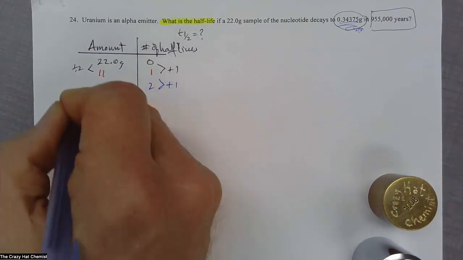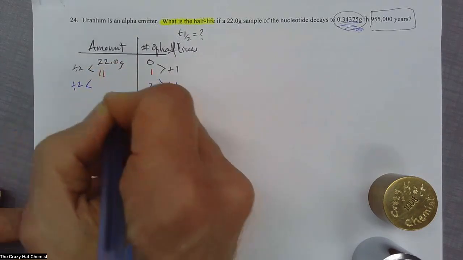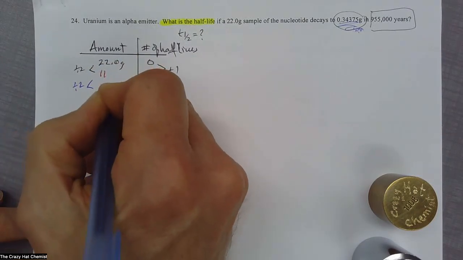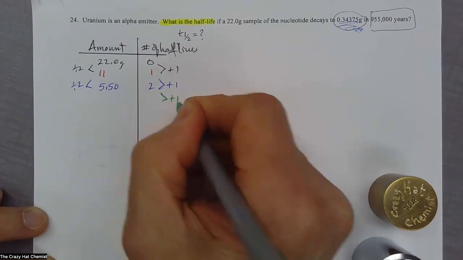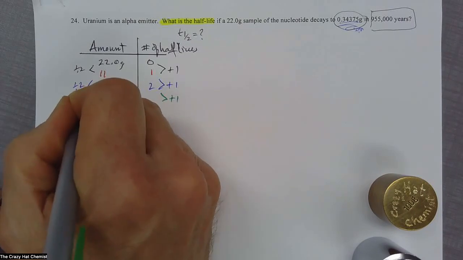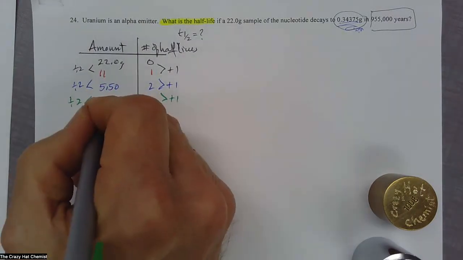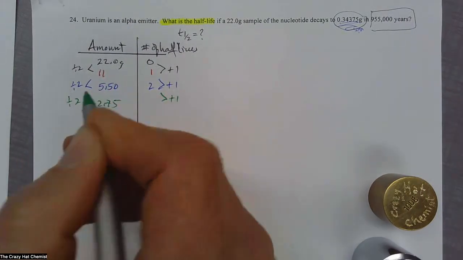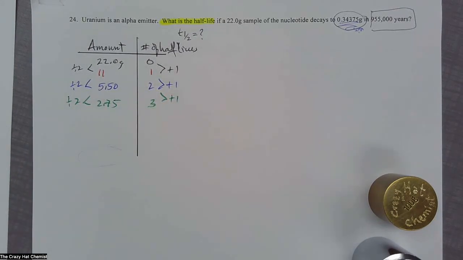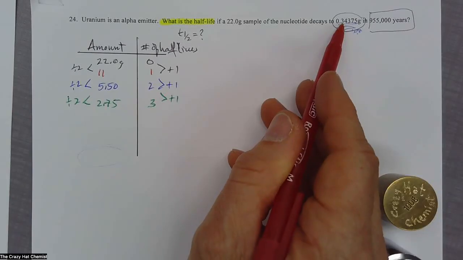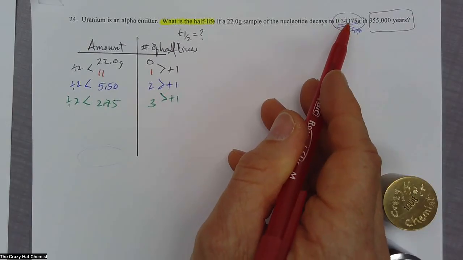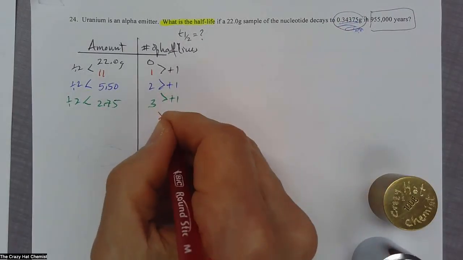That will be 2 half-lives. I'm going to divide by 2. That will be 5.50. Okay. I'm going to add 1 and divide by 2. And so I now have 2.75 and 3 half-lives. I'm still not at 0.034375. I'm going to add 1.